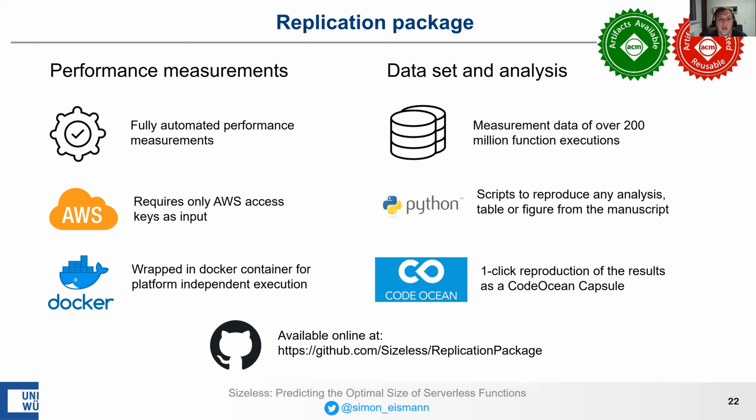We've also included a detailed replication package alongside our paper that passed the ACM artifact evaluation. It consists of the performance measurements as well as our data set and analysis. For the performance measurement, we have fully automated the measurements. They only require the AWS access key as input, and they're wrapped in a Docker container for platform independent execution. This allows the replication of the measurements of the synthetic functions as well as our case studies with a single command.